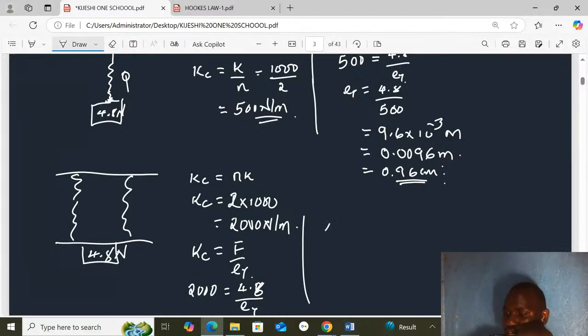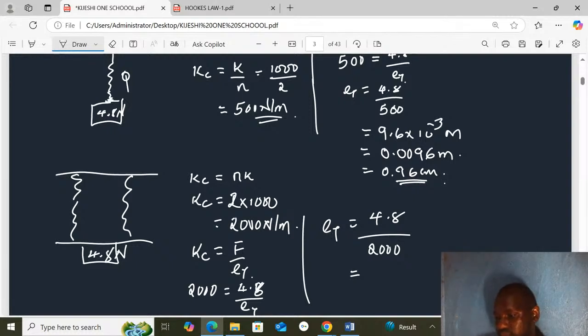E total will be the same as 4.8 divided by 2000. And this one will come down to 2.4 times 10 raised to negative 3 meters.